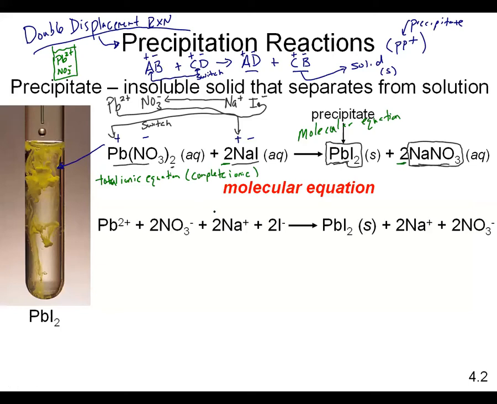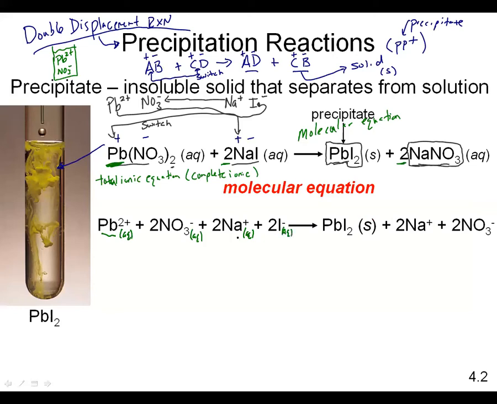So just to show you how we got there, the basic unit of lead when it goes into the solution will be lead with a +2 charge. This would also be aqueous. We have a nitrate, but the 2 here comes to the front. So then we get 2 nitrates that are floating around. This 2 that's in the front will distribute to each of the ions when it goes into solution. So that will give us 2 sodium ions and 2 iodide ions.